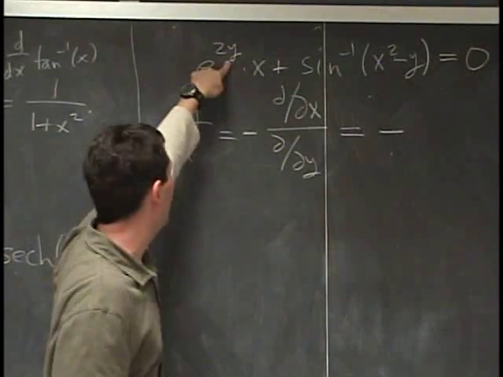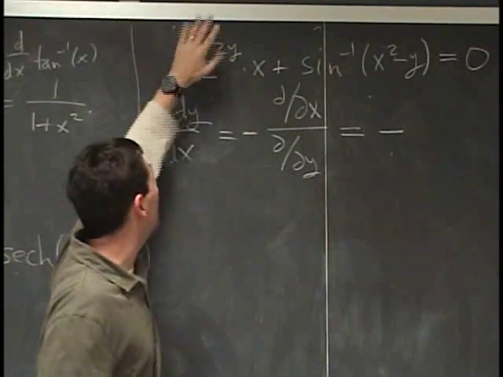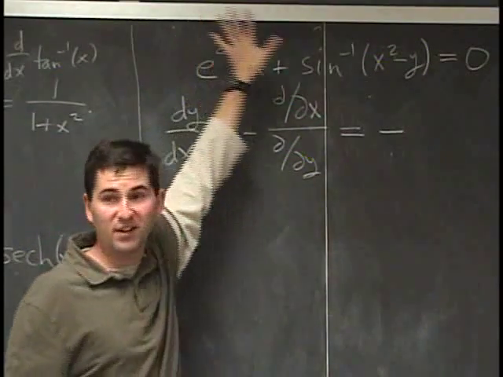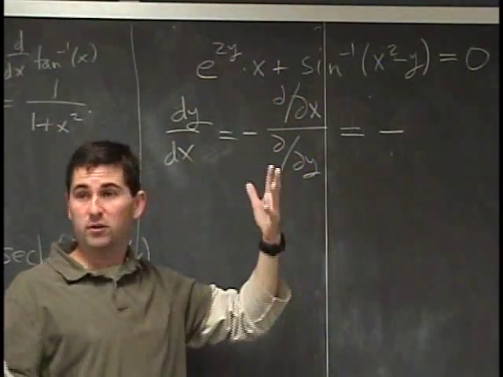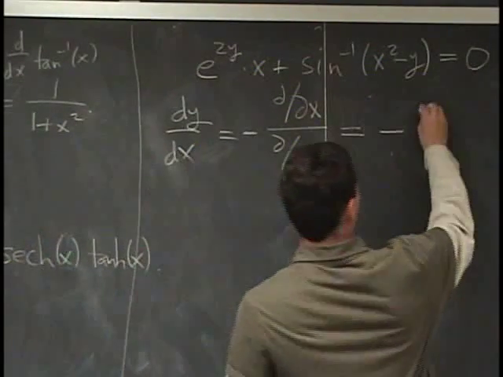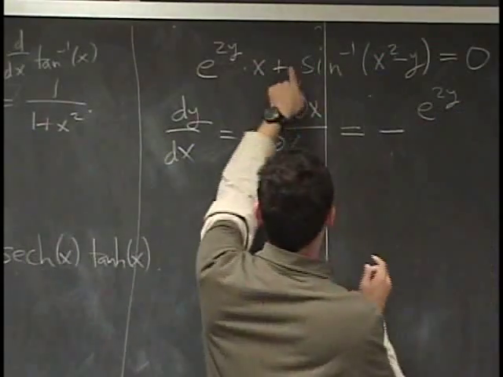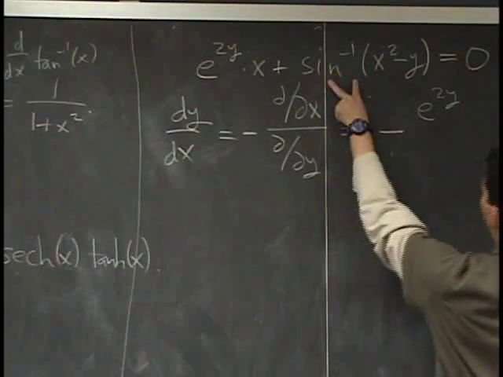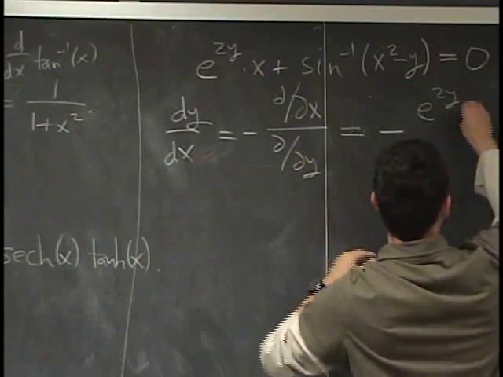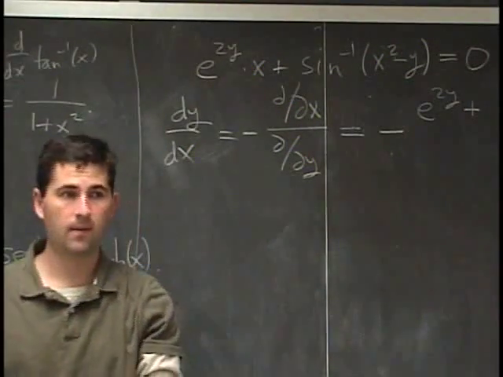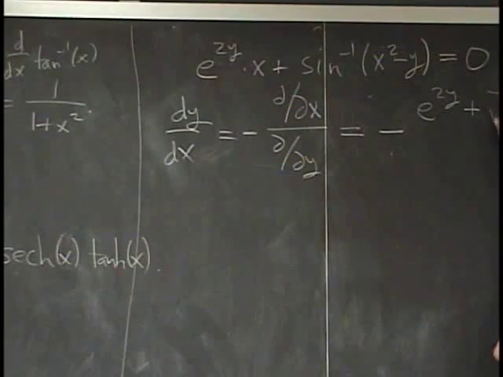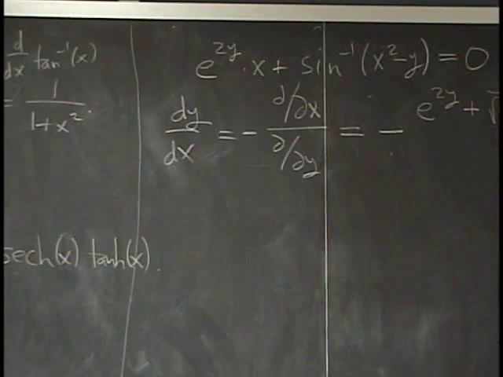So e to the 2y times x. Well, e to the 2y is a constant, so it's like 6x. What's the derivative of 6x? 6. What's the derivative of e to the 2y times x? e to the 2y. Plus, we have arc sine of x squared minus a constant. So we need to know the derivative of arc sine: 1 over the square root of 1 minus x squared.